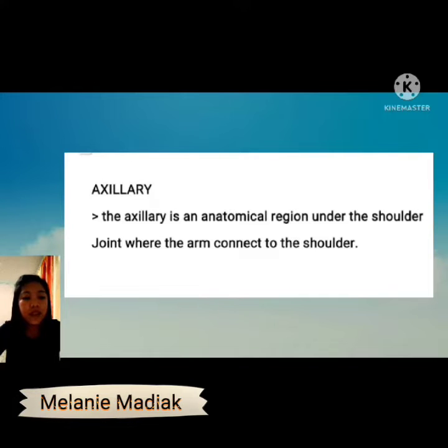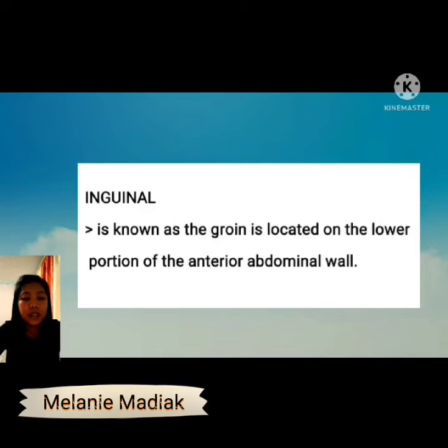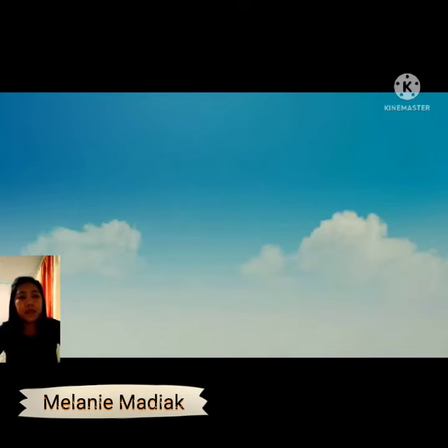It contains a variety of neurovascular structures, including the axillary artery, axillary vein, brachial plexus, and lymph nodes. Next is inguinal. Inguinal is known as the groin. It is located on the lower portion of the anterior abdominal wall.